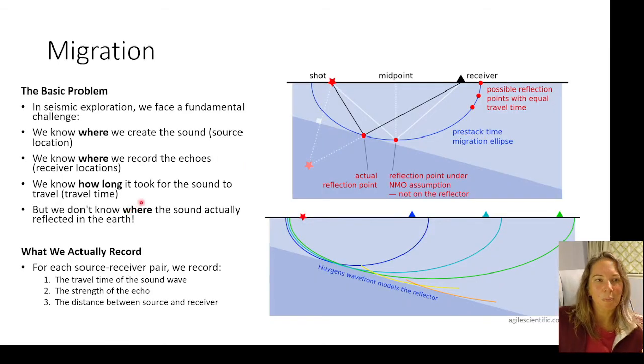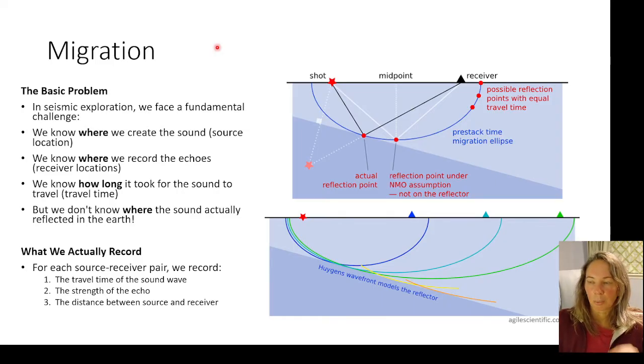And one of the biggest concepts that's really good to understand is the concept of migration. It's pretty difficult to understand, but what migration is, in a very simple way, is trying to take the midpoint where you have that reflection and put it in the right space three-dimensionally.